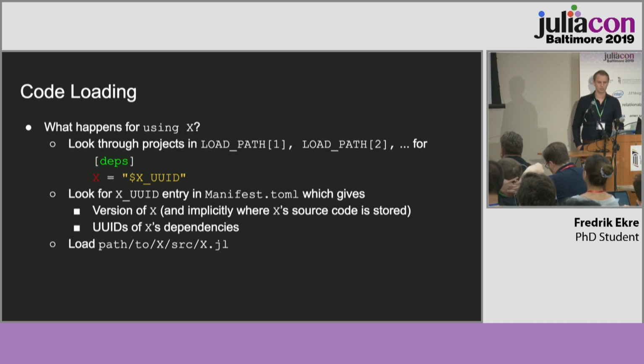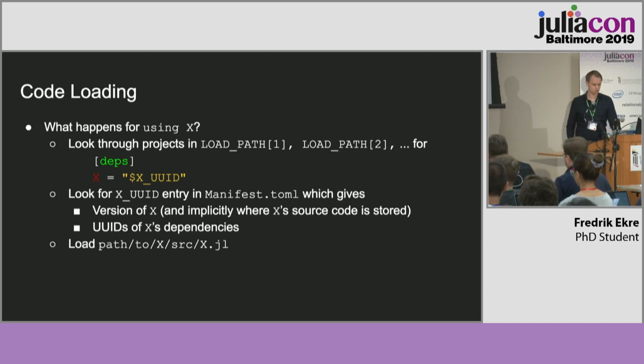What that gives us, if we find it, is the UUID of the package. So then we know what this package is, or what X means. When we have the UUID, we go to the manifest and look in the manifest for this UUID as a key. In the manifest, as I said earlier, we store what version and what dependencies, for the dependency graph.